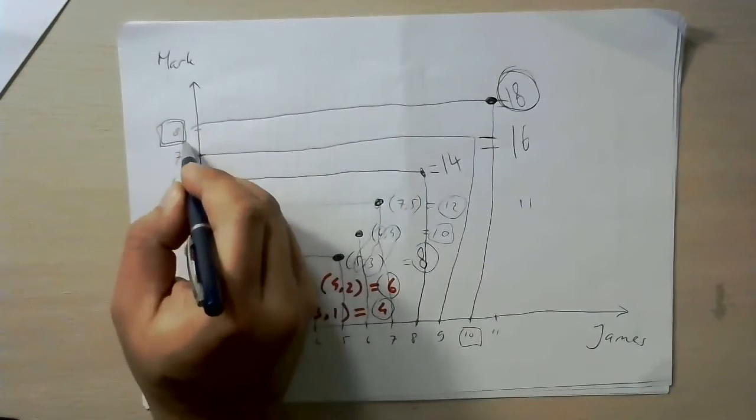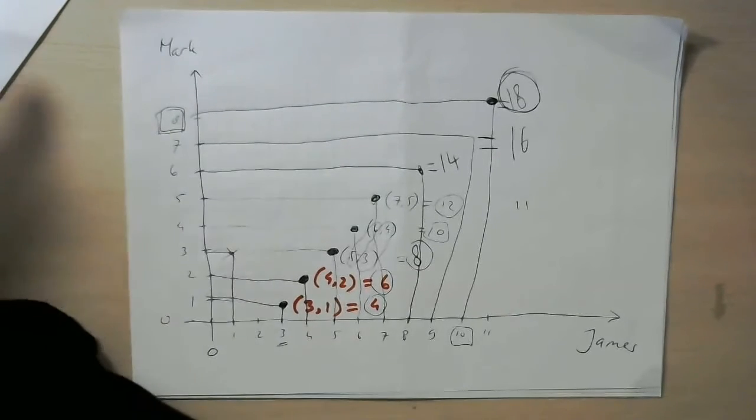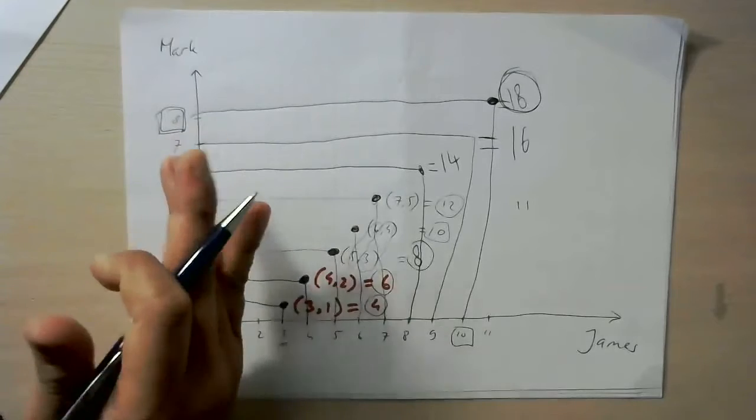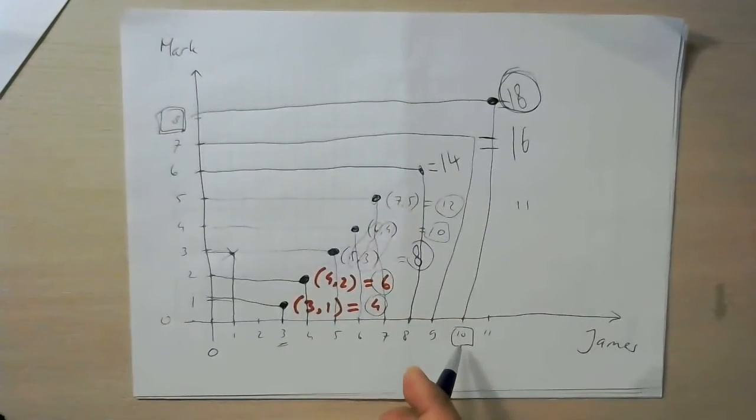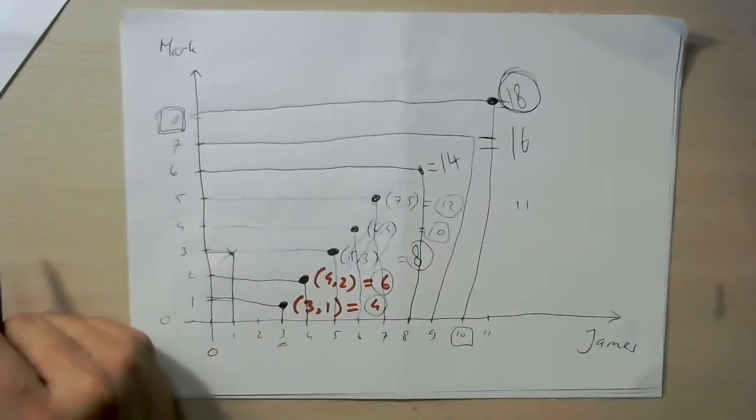Okay, but the thing is, we are trying to get the total age of James and Mark now. This is the age of James and Mark 5 years later. You know what I mean? So 5 years later, the age of James is 10, and then the age of Mark is 8. Yeah.